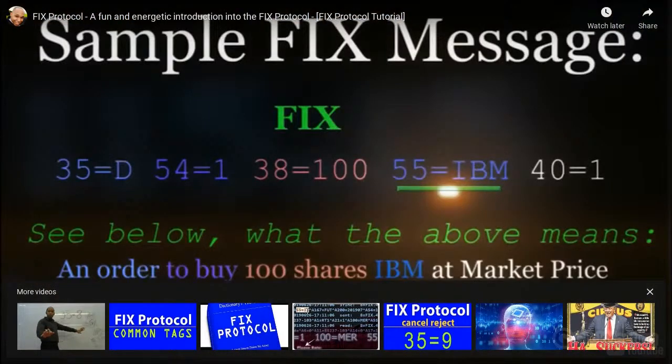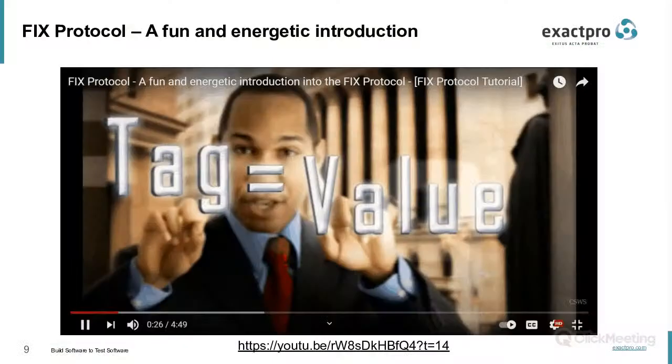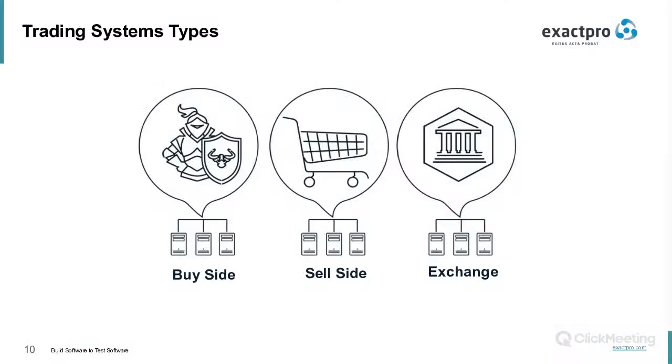Okay, I think it is much better than anything I can accomplish with this stream. But anyway, let's proceed. So there are several types of trading systems. In general, we can split them in three: buy side, sell side, and exchanges.